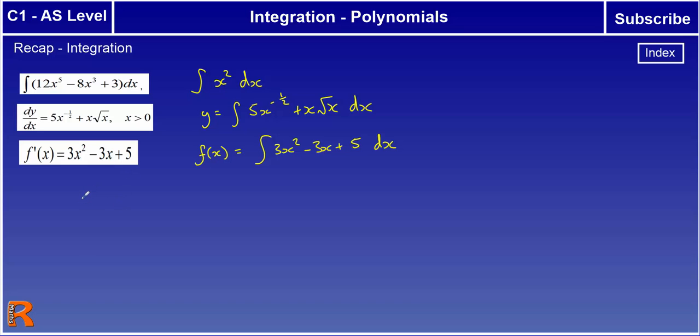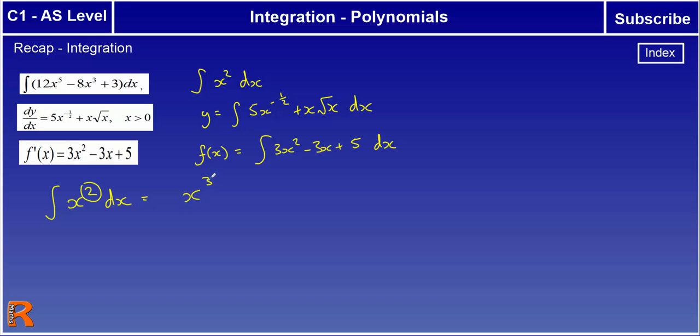When you're integrating, the key thing to remember is the opposite of differentiation. So if you know how to differentiate, like I said, you can integrate. So when you've got a function of something, say x squared, and you're told to integrate that, what you're doing is essentially this power is increased by 1, so you're taking it up to x cubed by adding 1 to the power, and then you've got to think about what you would have done if you differentiated this.